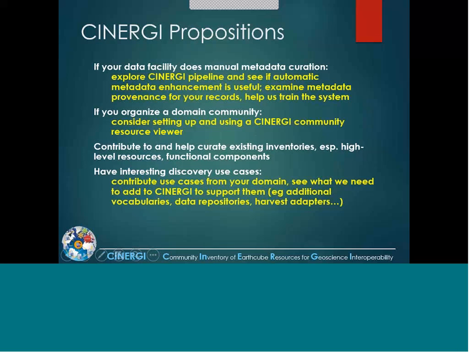We would very much welcome contributions to curating existing inventories, especially high-level resources, and we are also starting a collection, a registry of functional components of geoscience cyber infrastructure that can be used to compose different architectures. And if you have interesting use cases, please send them to us, because this is the best way for us to figure out how to enhance the system. I think that's it. Yeah, thank you very much.